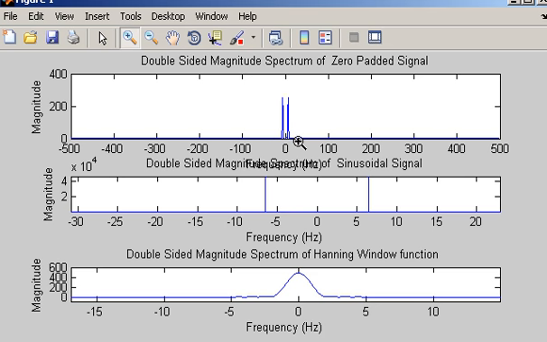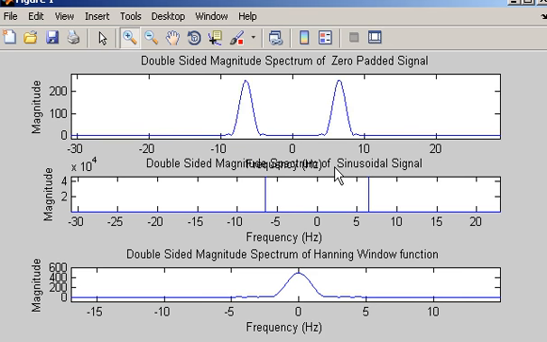And we can see that that's exactly what has happened. So this is basically all that windowing is about, and really if you know the spectrum associated with the window function, you will be able to predict what the spectral shape of sinusoidal components will look like based on this theory.